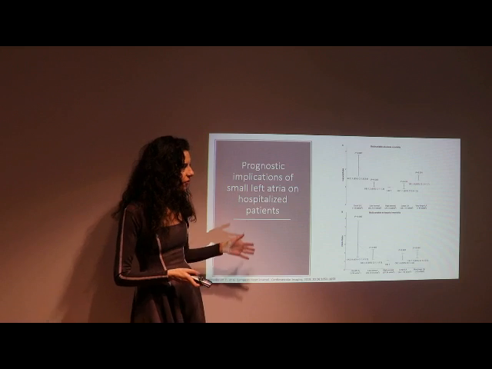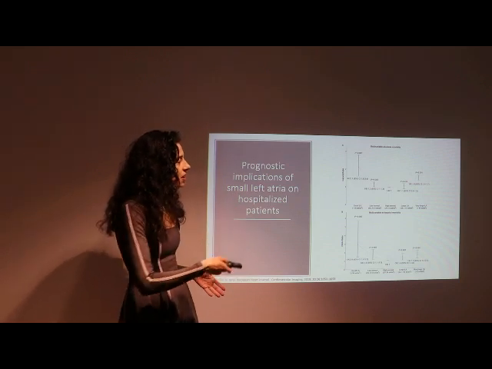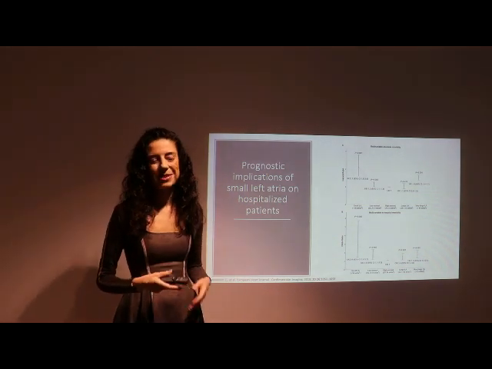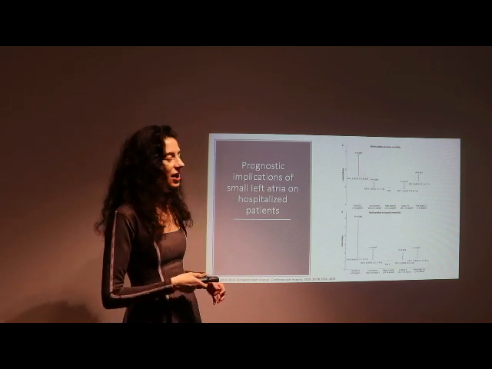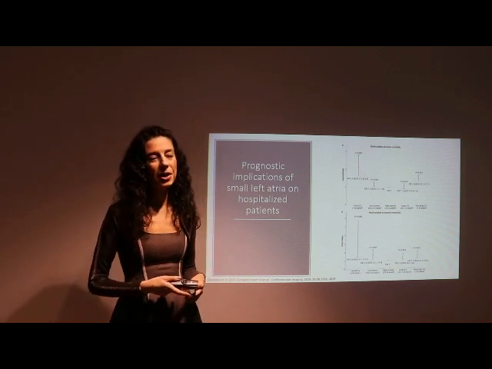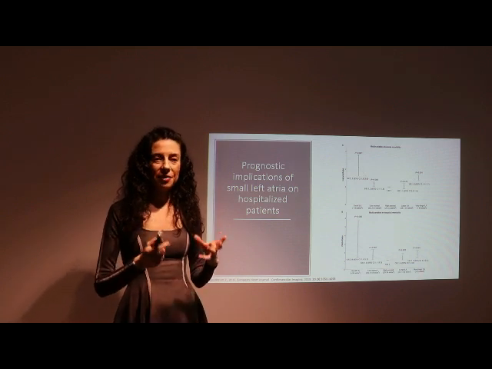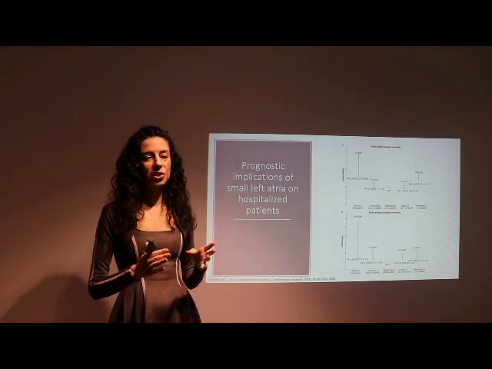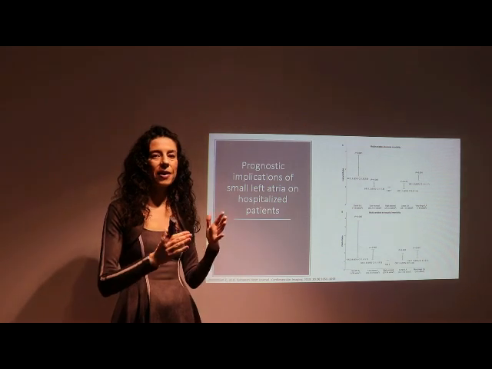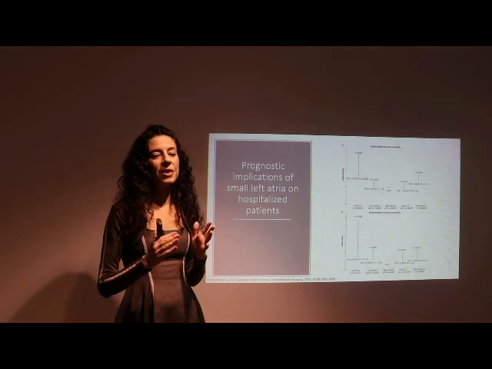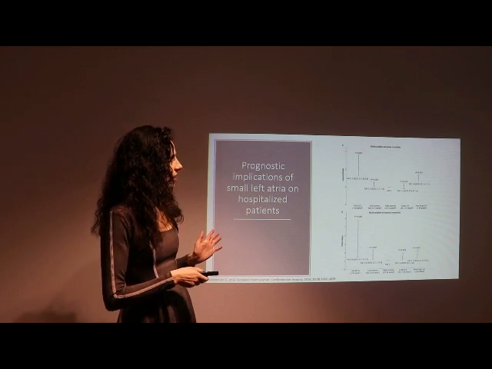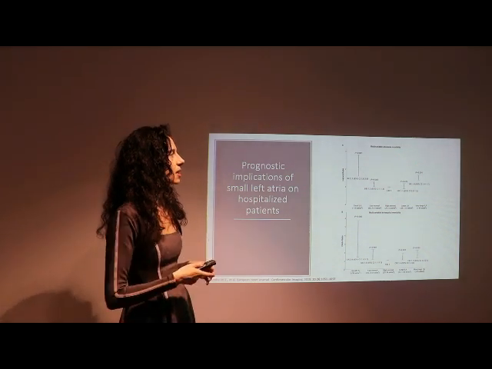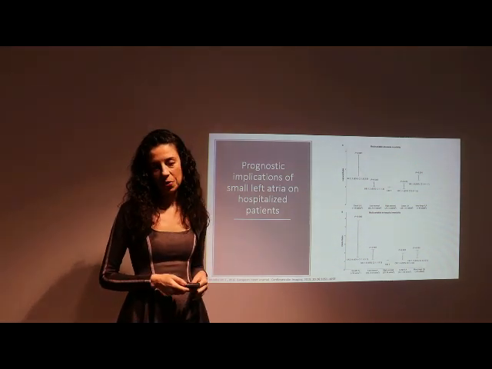And, dear friends, you could see this clear U-shaped relationship. Here the authors found that for every milliliter per square meter of left atrial volume below the high normal, not just the low cutoff point, there is a 10% increase in in-hospital mortality and an 8% increase in all-cause mortality.